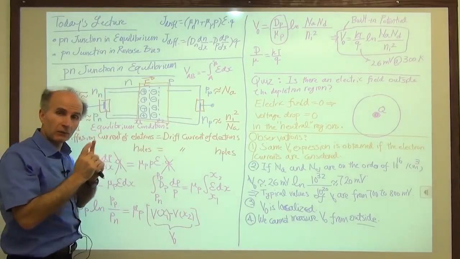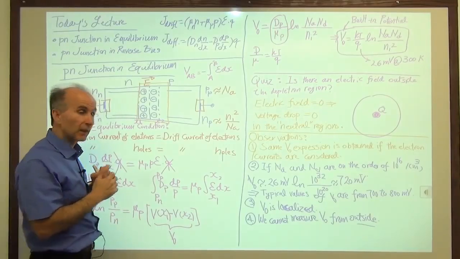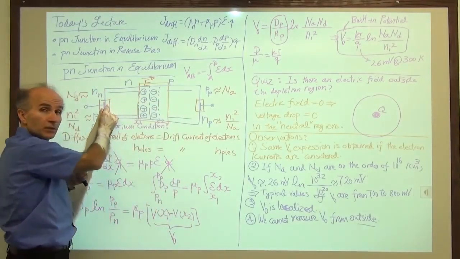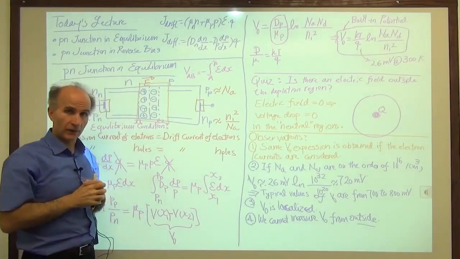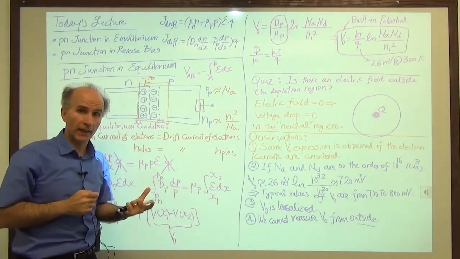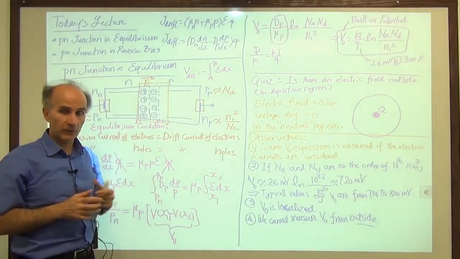And when we add up these 3 voltages, we get 0. Interestingly, this voltage and this voltage add up to the negative of this voltage, and they cancel each other. So that's one explanation as to why the built-in potential cannot be measured from outside.